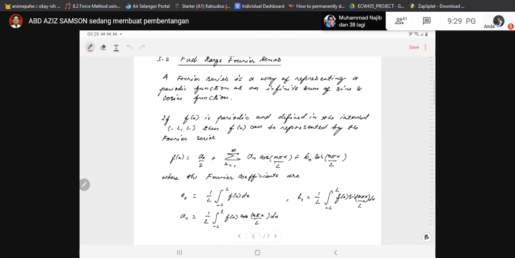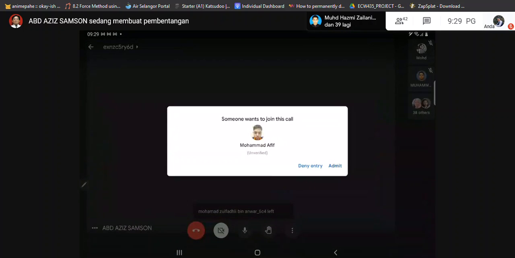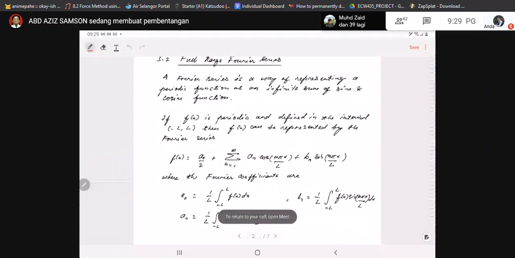Now, when we have a periodic function, because there are many phenomena in this world where we can have cyclic behavior, that's where Fourier series is important.